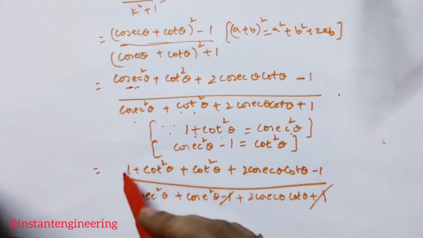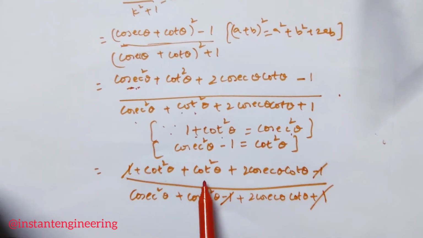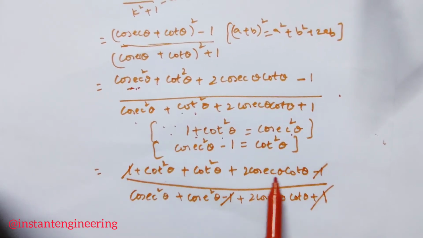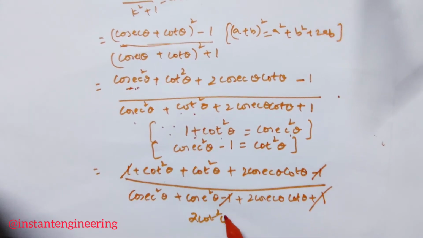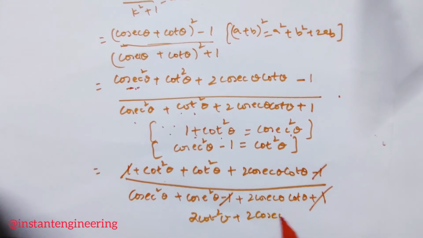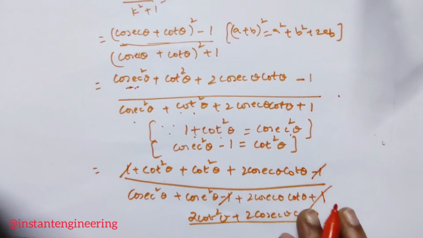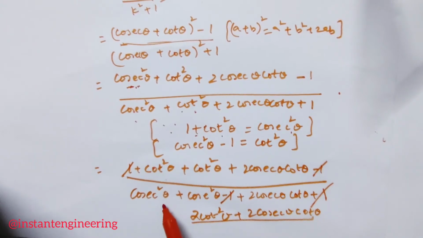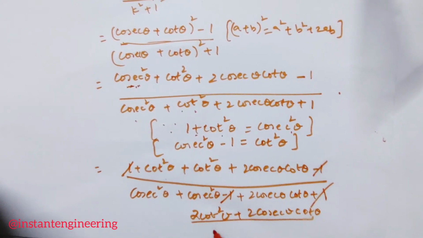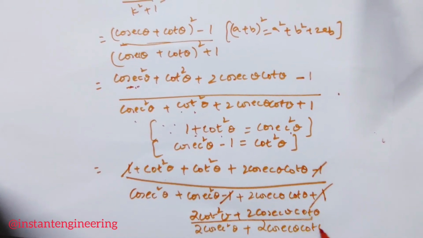Plus 1 minus 1 and plus 1 minus 1 cancel. So the remaining is 2 cot square theta plus 2 cosecant theta cot theta, divided by 2 cosecant square theta plus 2 cosecant theta cot theta.